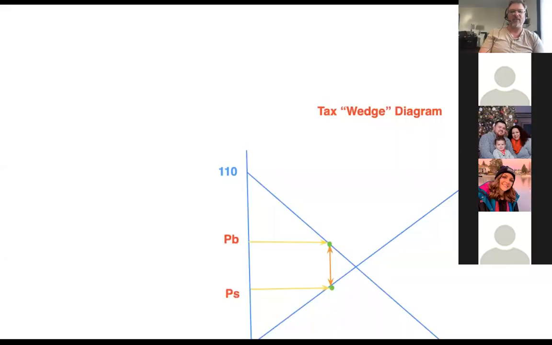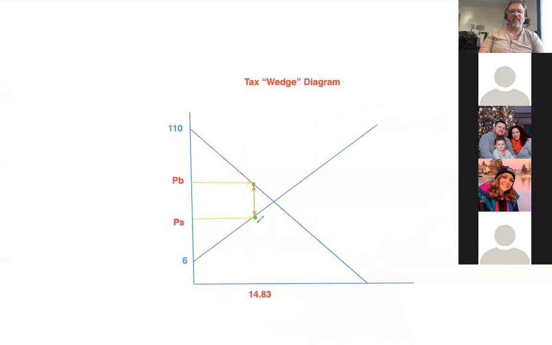And so what happens is, it's a metaphor, but economists think of it like this: originally there's some equilibrium price, P star, that the market presents.